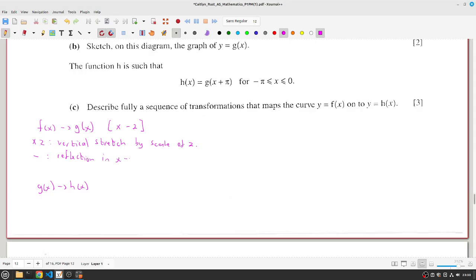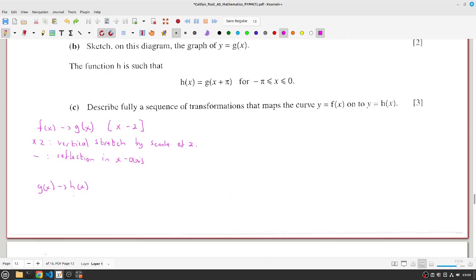So the y values change sign. If you go from here to here, that's a reflection in the x-axis. If this y value was 1, this would be negative 1. So the y value changes sign, which means it's a reflection in the x-axis.